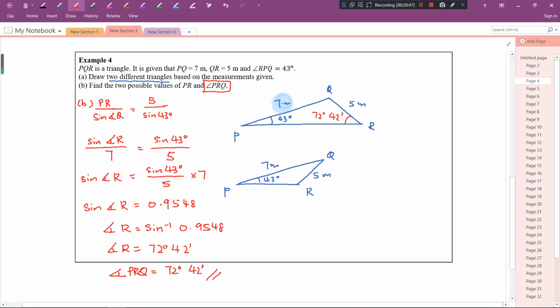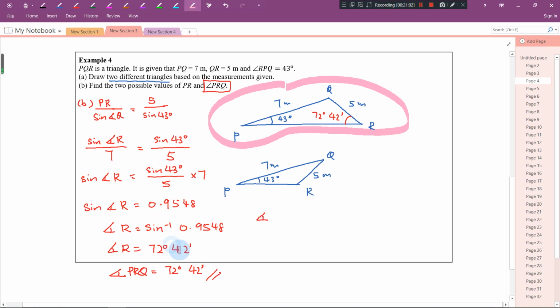So how about PR? Now we can find PR once we have these two angles. Let me find angle Q first. Now I'm doing this for this triangle. Later on I will do another set of solutions for the other triangle.